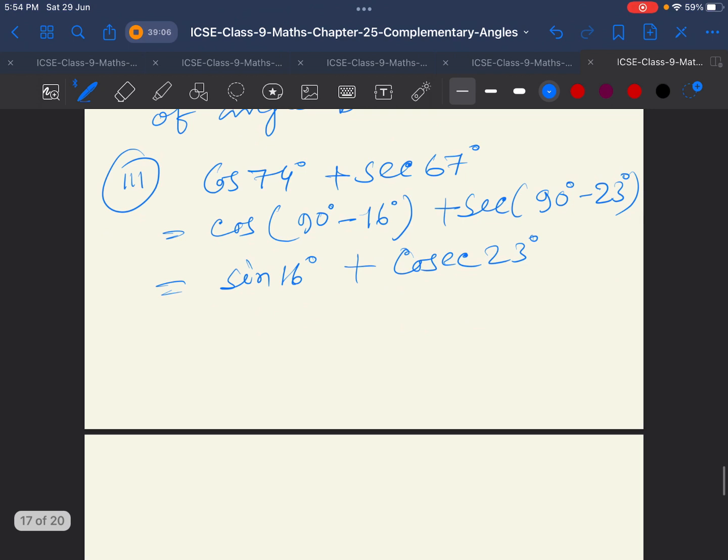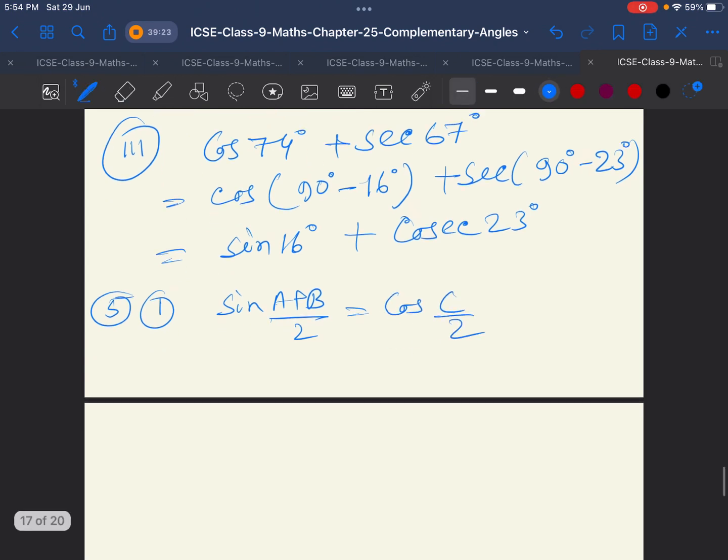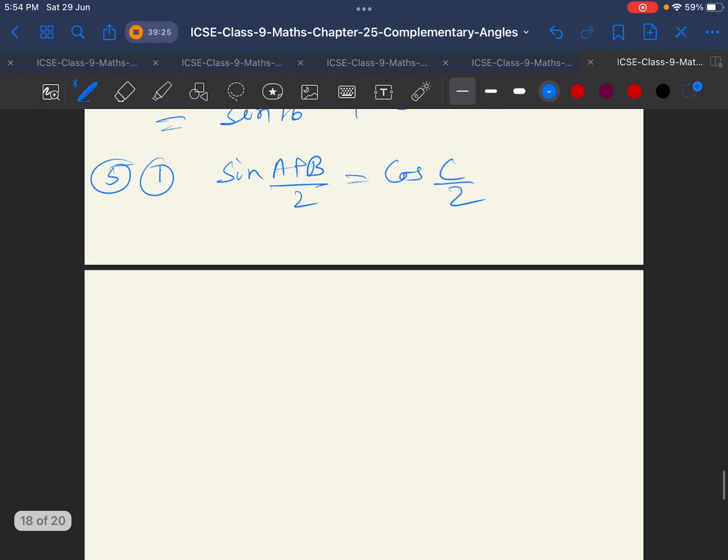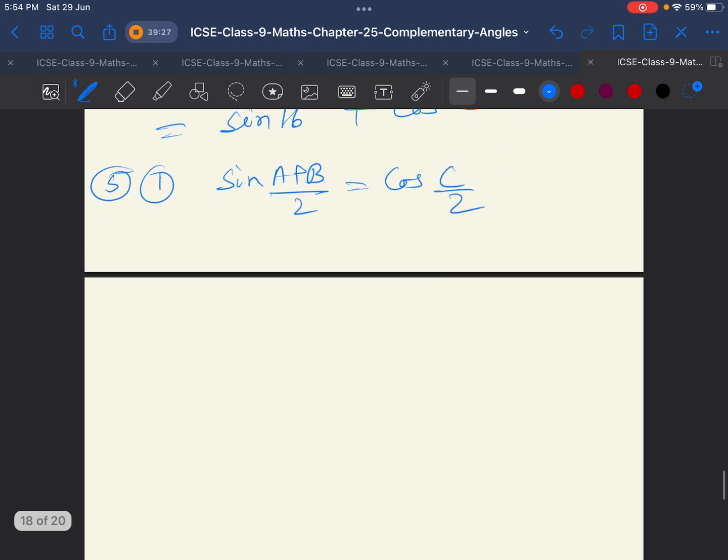Now question number 5. For triangle ABC, show that sine of A plus B by 2 equals cos of C by 2. We already know the sum of the angles of a triangle is 180.